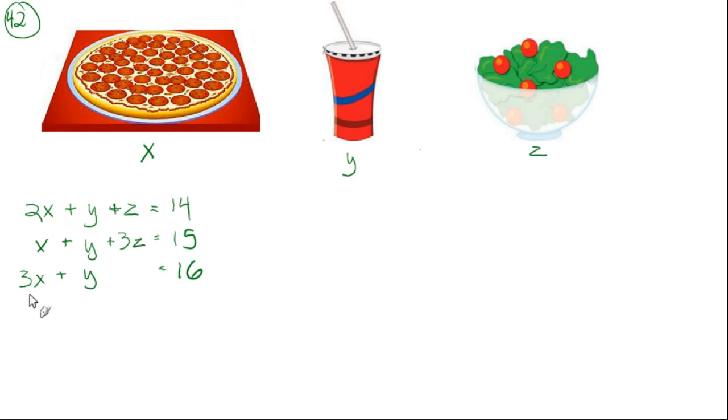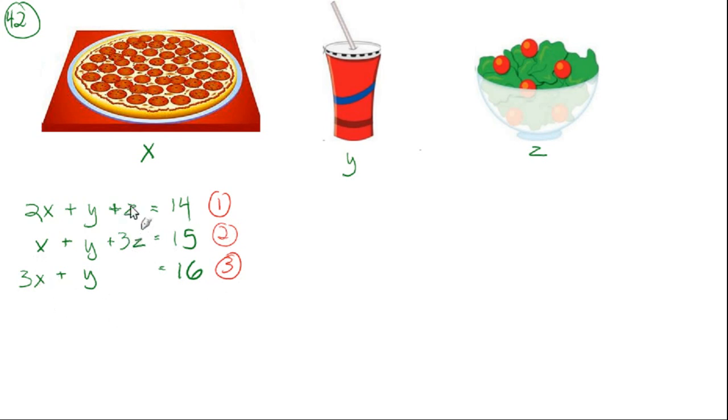So how much are x, y, and z basically? Well, we have this equation that has an x and a y and no z, so we may as well cancel z out, and we'll have another equation with just an x and a y, and that should be pretty straightforward. So if we call this equation 1, equation 2, and equation 3, then we want to cancel out the z's.